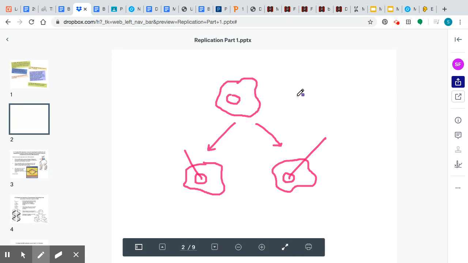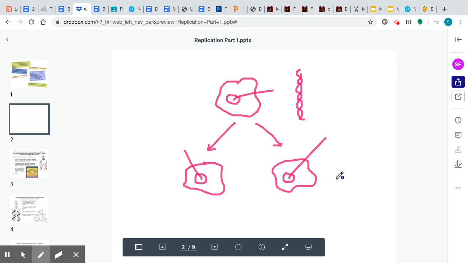So the important thing is that I have to take a double helix of DNA that I have in this nucleus here, make a copy of it, and put each one of those copies into the cell.